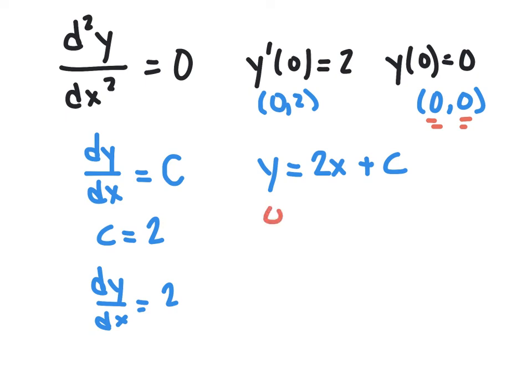And I think you'll see pretty quickly that c in this case is going to be 0. And so what we know now is the solution to the original differential equation. This is called a differential equation. We're not going to use that terminology for a while, but the solution to the initial value problem, where the second derivative is 0 with these conditions, is y equals 2x.